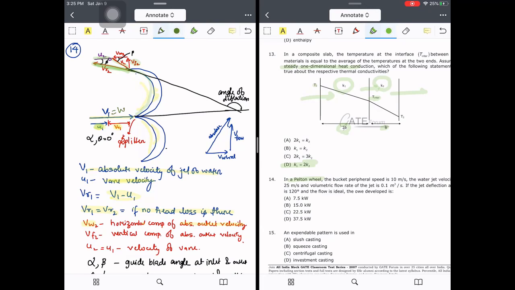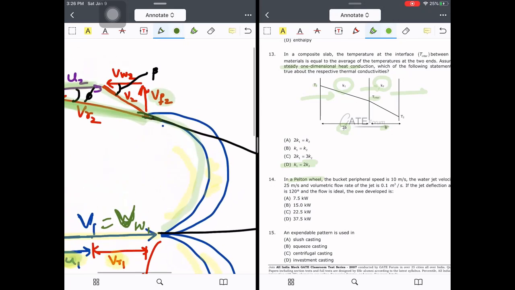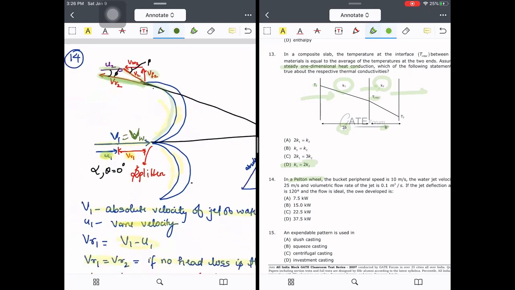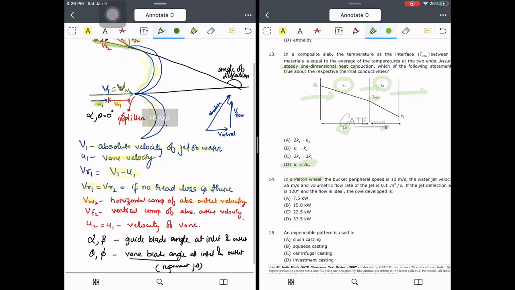You will find VW here also, but you won't find VW1 here. Why? Because VW1 is equal to V1 only, since it is not making some angle with respect to horizontal. So the horizontal component of the absolute velocity of the jet is the whirl velocity, and the vertical component is called flow velocity.